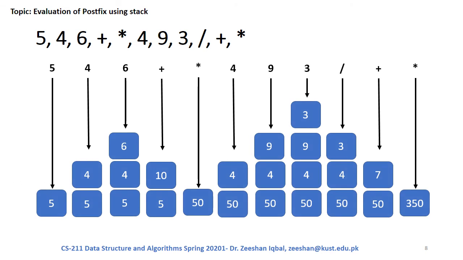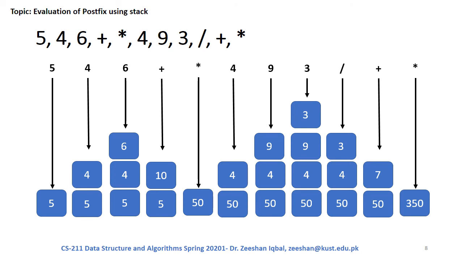A similar example is explained again using a diagram. First of all, we have 5, so 5 will be pushed onto the stack. Again the next symbol is 4, so 4 will be pushed onto the stack. Next symbol is 6, so 6 will be pushed to the stack.